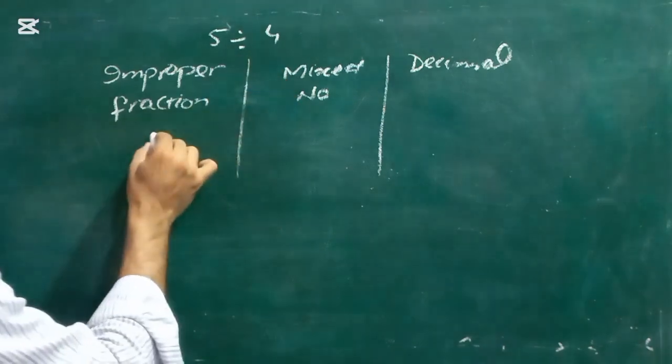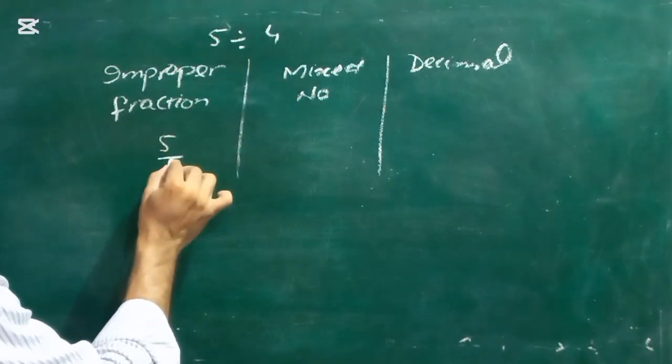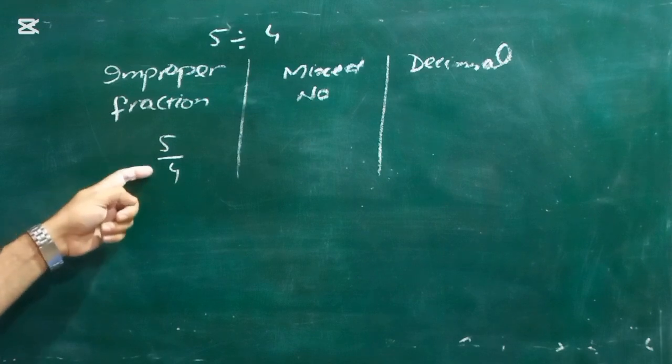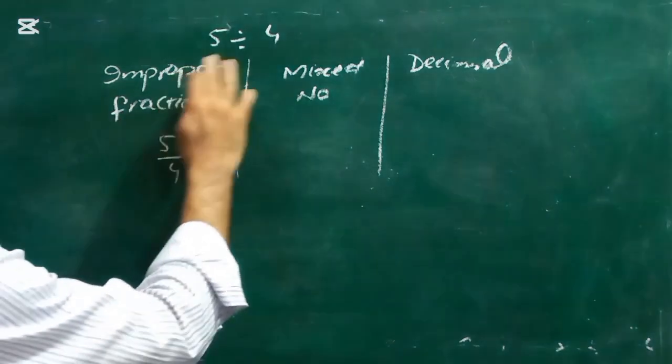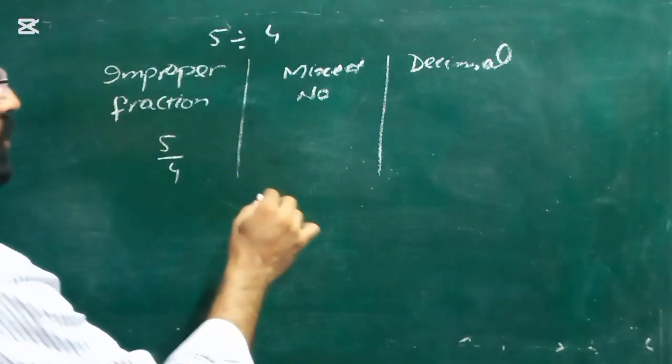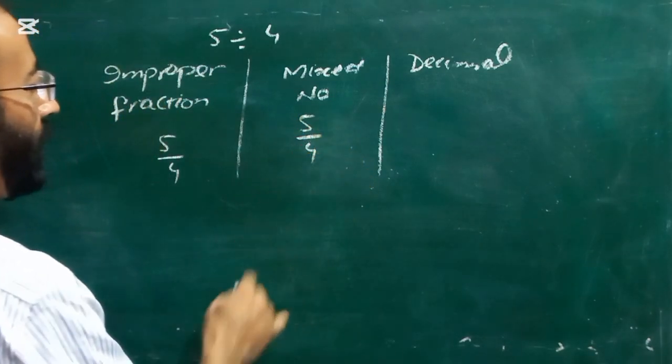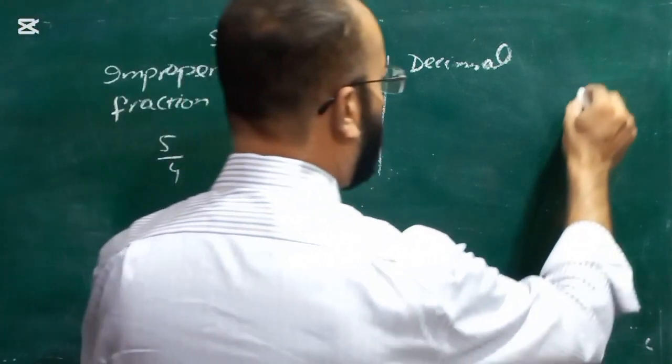So 5 divided by 4 is the answer. Because the numerator is greater than the denominator, it is an improper fraction. Second thing is mixed numbers. So 5 divided by 4. Now we will divide this number.